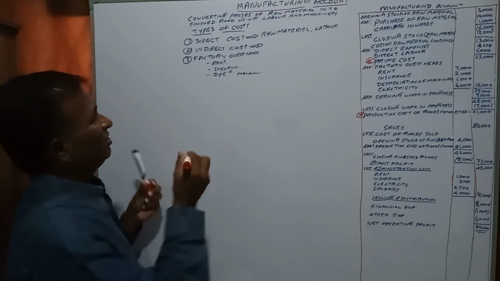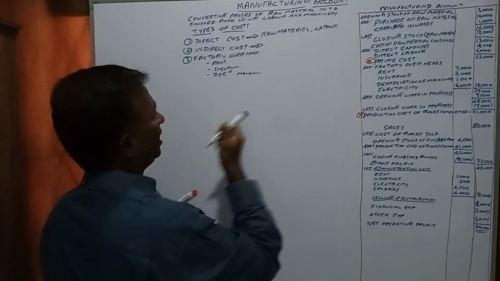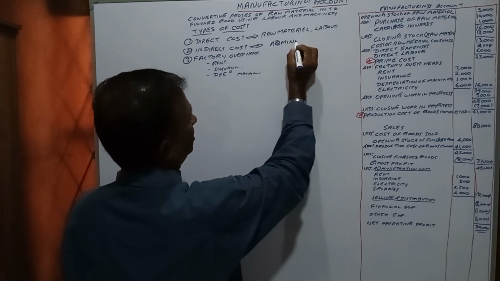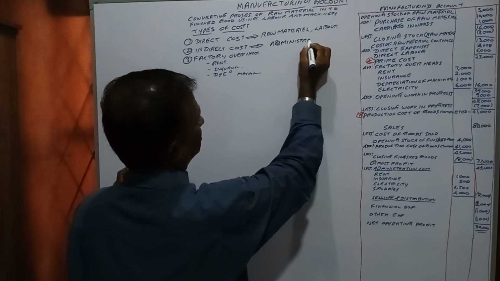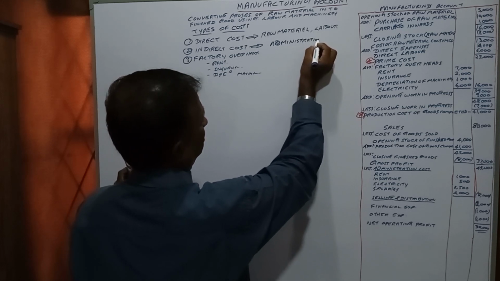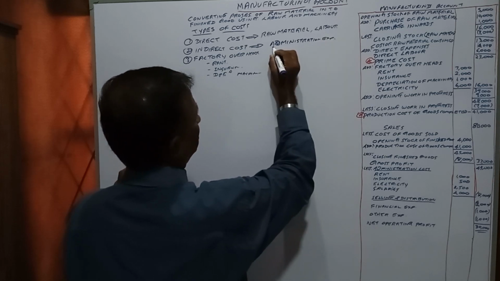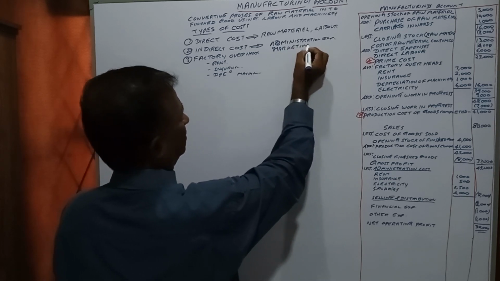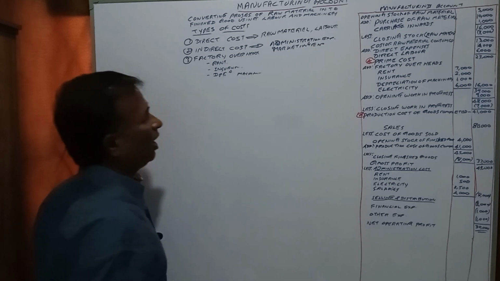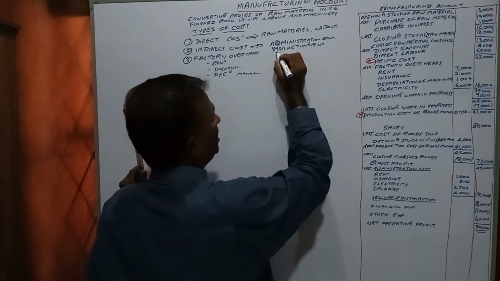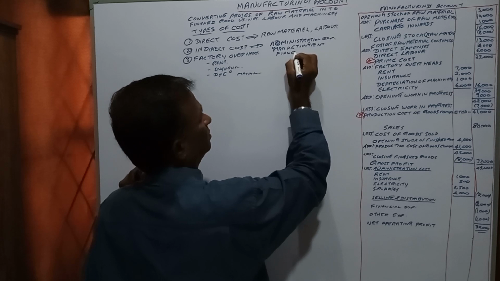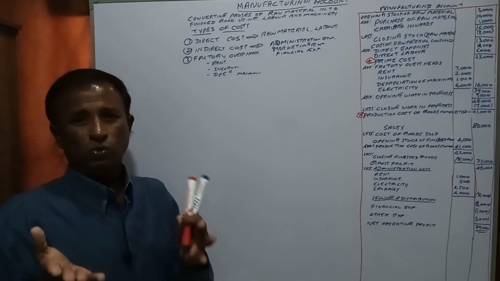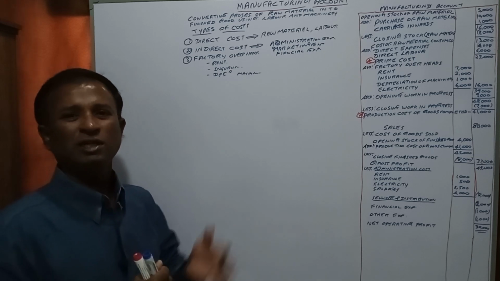So: administration expenses, selling and distribution expenses, marketing expenses, financial costs. The finance department will do the accounting activities for this production activity.